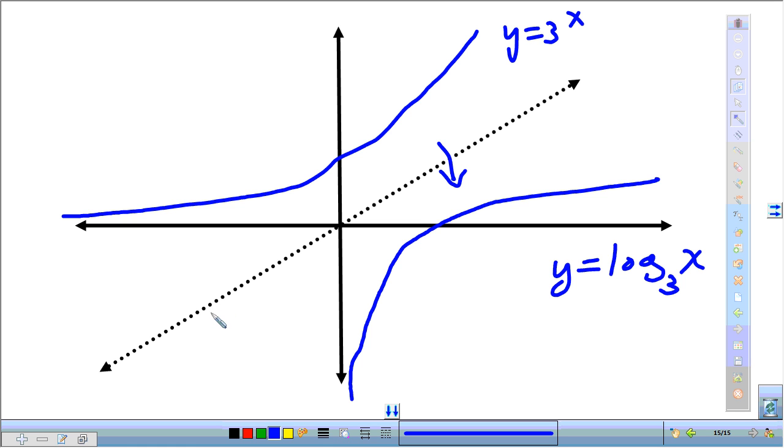This may not be the best sketching, but it's the right idea. So exponential growth becomes, in the inverse, this picture of log base 3.